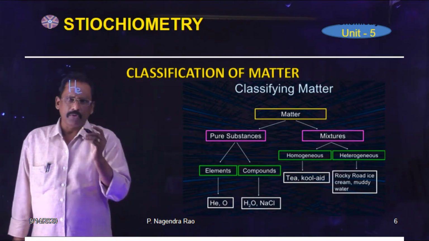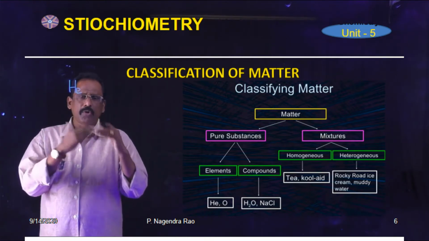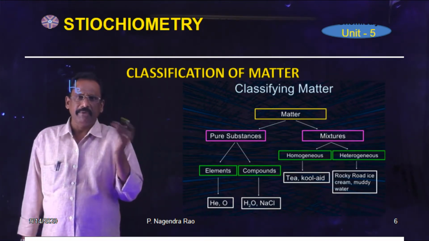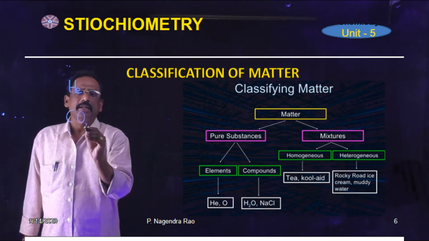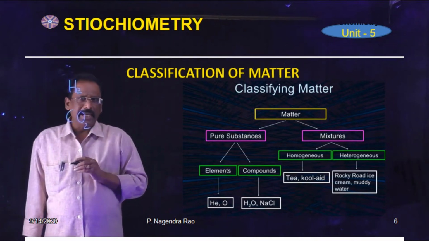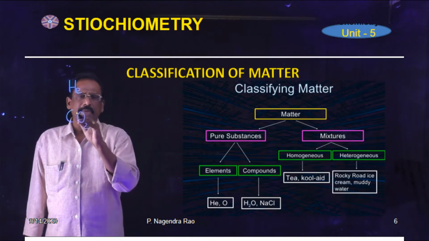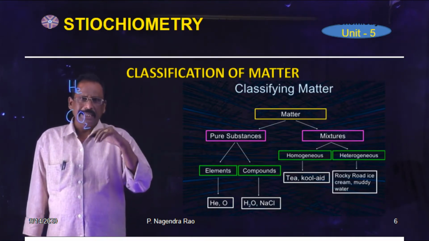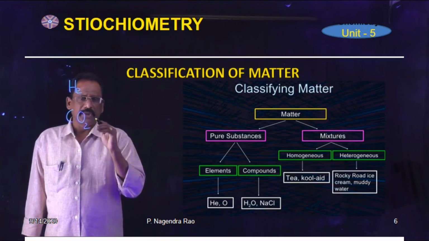Similarly, compound. Compound means it contains two or more different elements in a definite ratio. For example, carbon dioxide is a compound. Whatever the source, carbon dioxide always contains a 1:2 ratio of carbon and oxygen. That means element and compound are the pure forms of the matter.